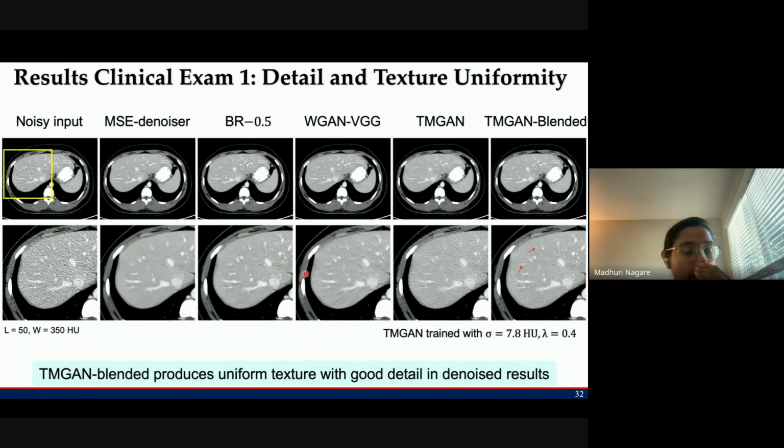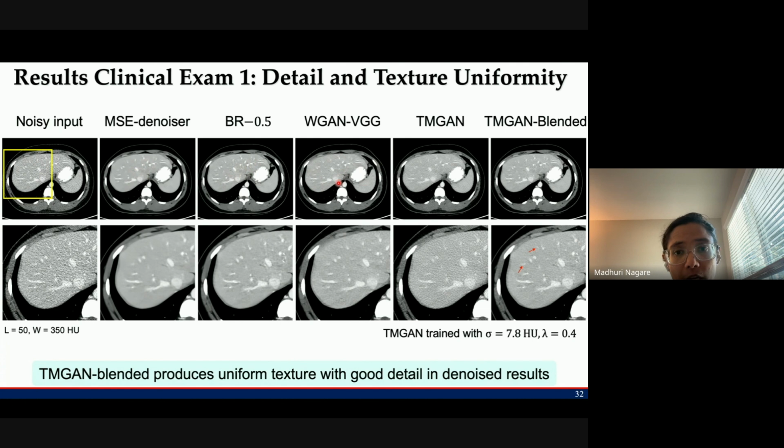So these are the clinical images. First is the noisy input, second is the mean square error, then third is the bias reducing loss function. We can see a lot more detail in the bias reducing loss function. This is WGAN VGG.